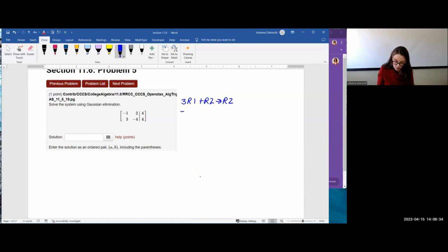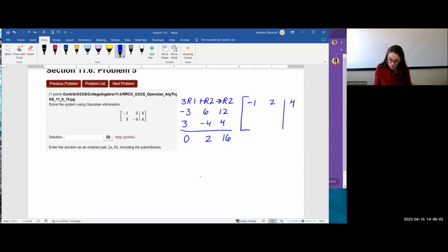So 3 times row 1 would be -3, 2 times 3 would be 6, and 3 times 4 would be 12, right? And then I'm going to take row 2 without change. So 3, -4, 4. And then when I add these together, I get 0, 2, 16. So row 1 did not change. It stayed -1, 2, and then 4. But row 2 is now 0, 2, 16.